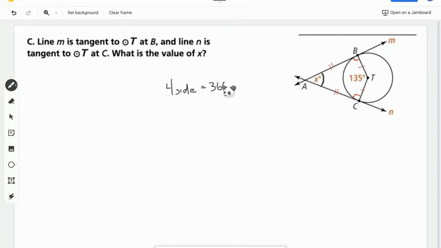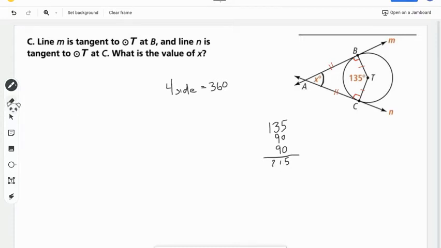And so connecting back to that idea, if I add up my angles that I know right now, I have a 35. I also have these two 90s. And if I go ahead and add up my 3 angles that I know, I'm going to get 200.